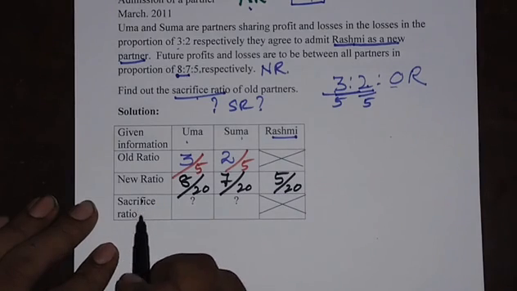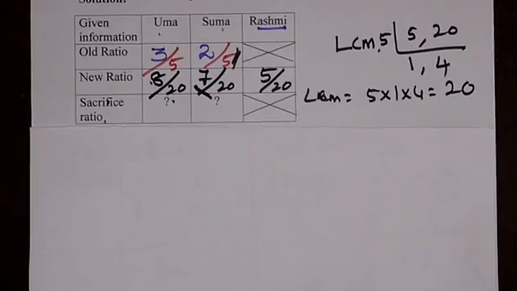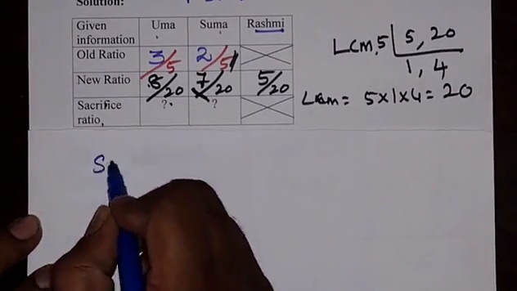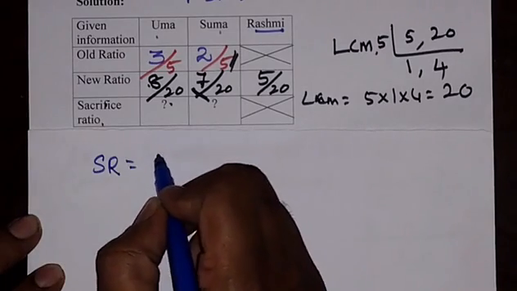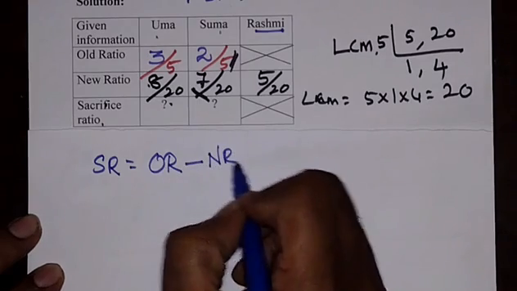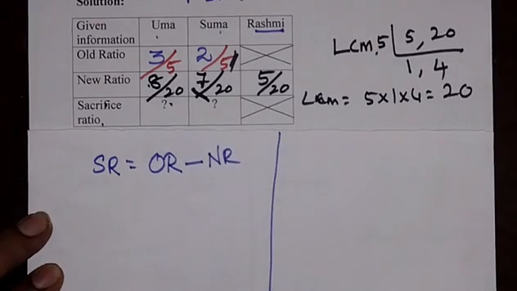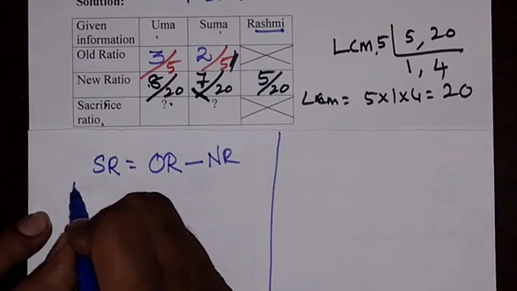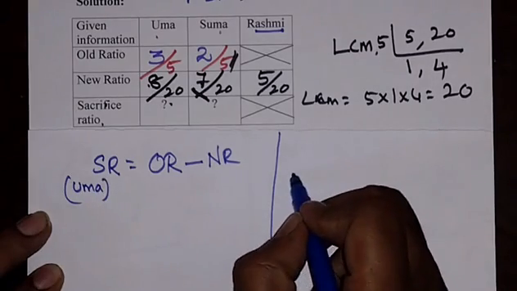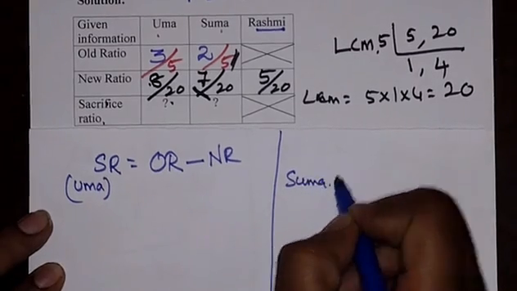They are asking us to calculate the sacrifice ratio. Formula for calculation of sacrifice ratio: sacrifice ratio is equals old ratio minus new ratio. I have to calculate this sacrifice ratio for Uma and also for Suma.